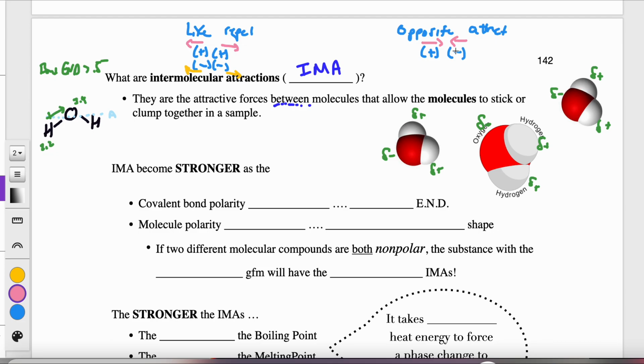In a huge sample containing trillions of water molecules, the partial negative side of the water, where the oxygen is, is attracted to the hydrogen side of a different water molecule because they have opposite partial charges. This just occurs. The molecules align themselves based on differences in their partial charges. And when these molecules align themselves, like this orange dotted line, this is an IMA.